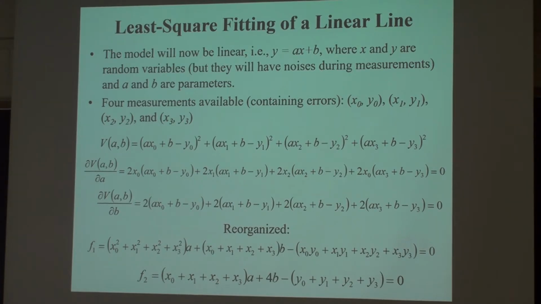For this case only, the gradient of your least square is linear. a has a coefficient which is the sum of all the x squares of the known cases. b is the sum without the square, and the right hand side is the product. F2 is the sum of all the known coordinates.